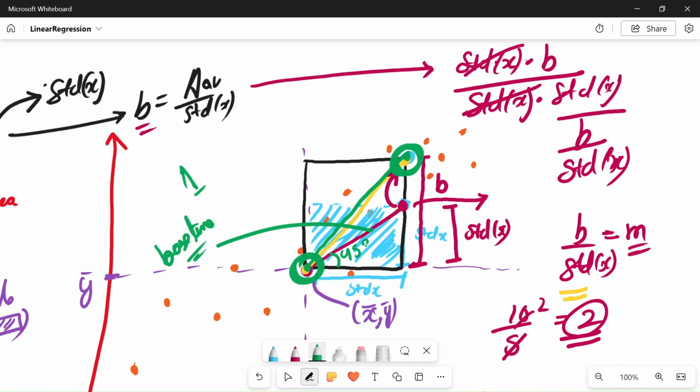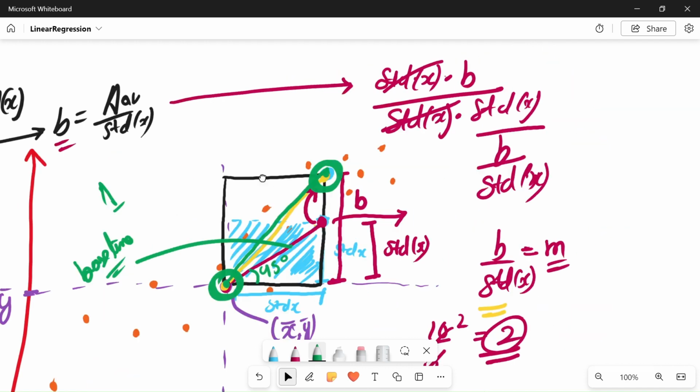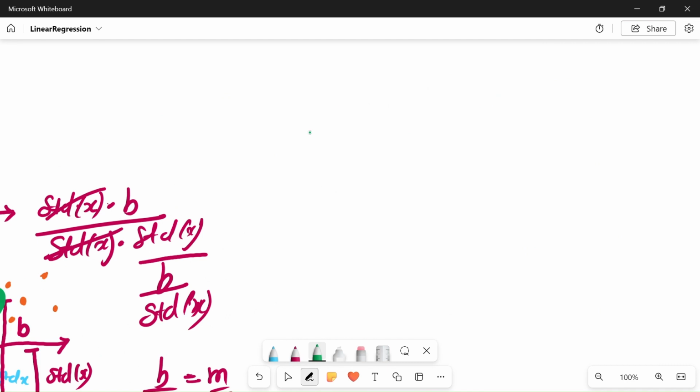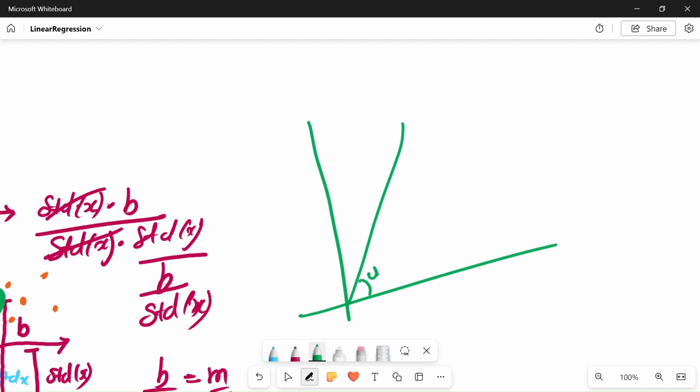It's actually a very good baseline, because if you know a little bit of trigonometry, then you must be knowing that this line, let's say this is 45-degree, tan 45 is equal to 1. Any angle theta which is less than 45 gives you a value of slope of that line between 0 and 1.